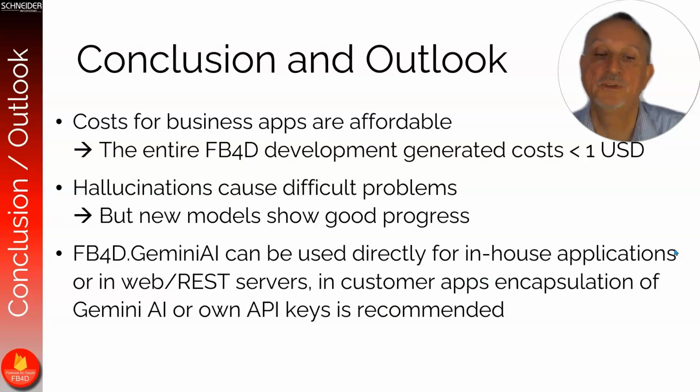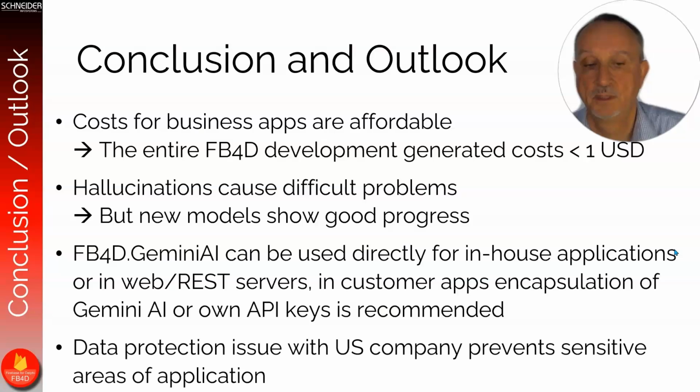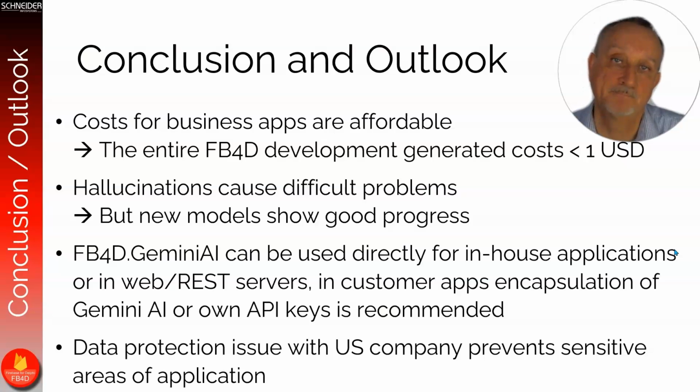Otherwise, a solution via cloud function that encapsulates access to Gemini AI would be ideal. And last but not least, there are certainly data protection concerns that we have to take into account. In my view, even better legal regulations are needed here, so that we can also build sensitive applications with them.